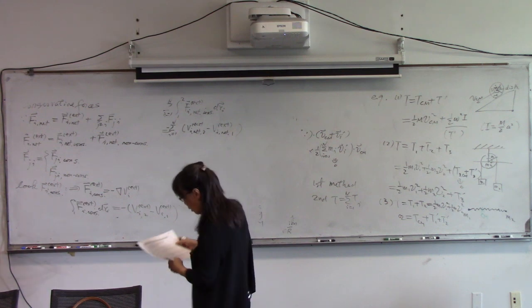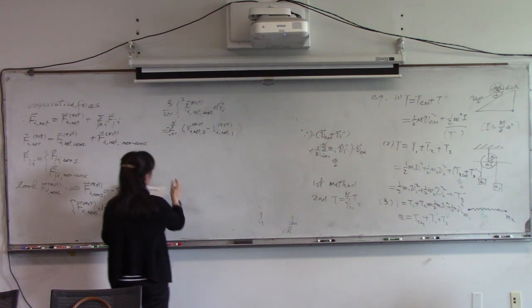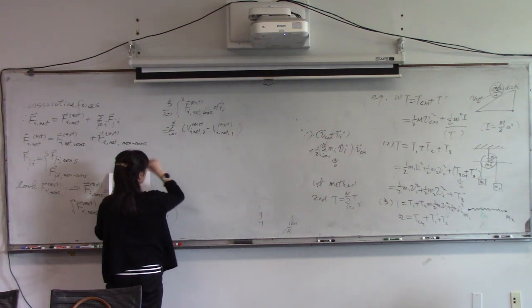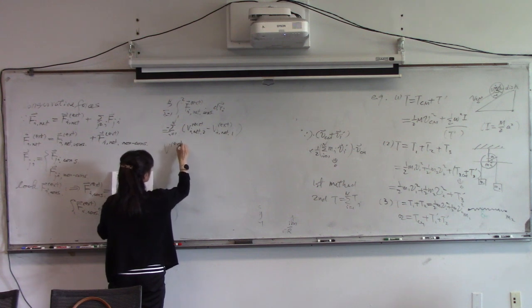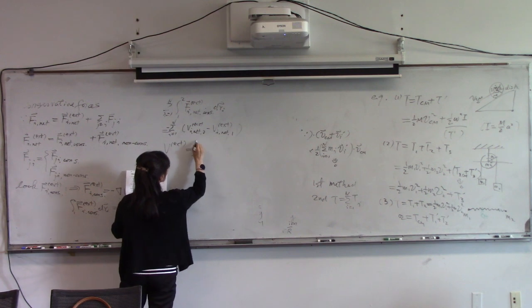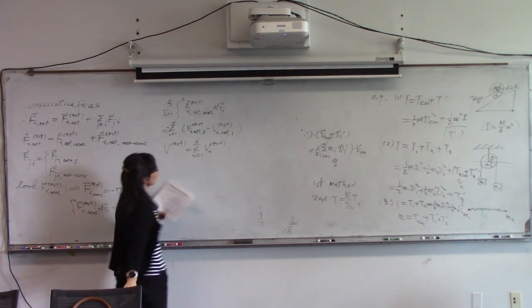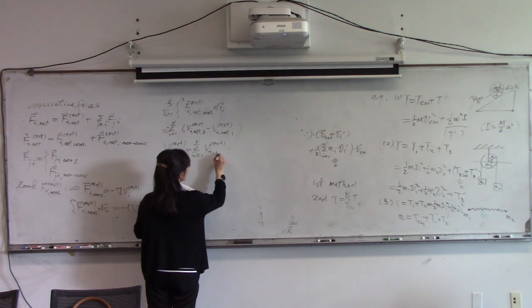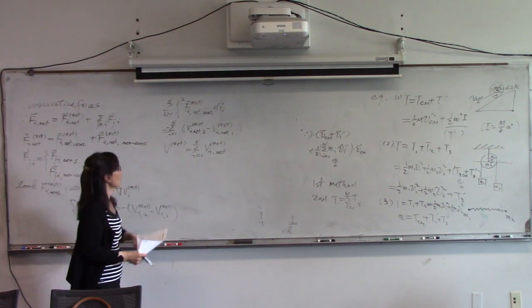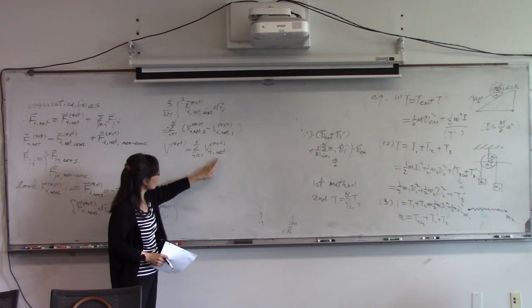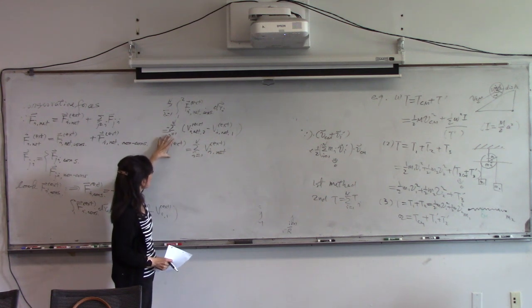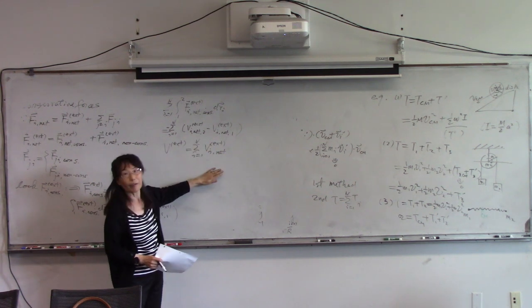So we introduce the total external potential for the whole system. It is the sum over all i from 1 to n, each individual. If an individual particle has several external potentials, then the total external potential of the system should be the sum over all.